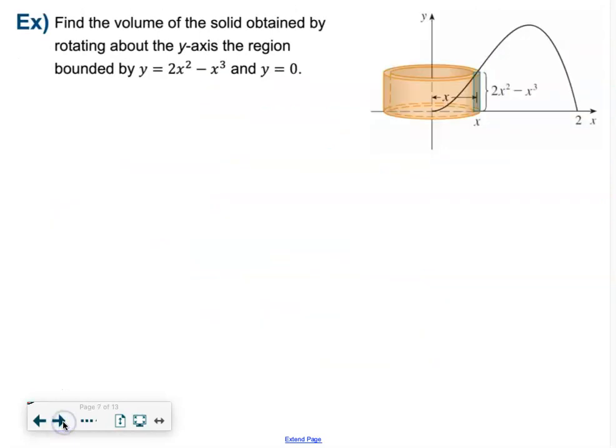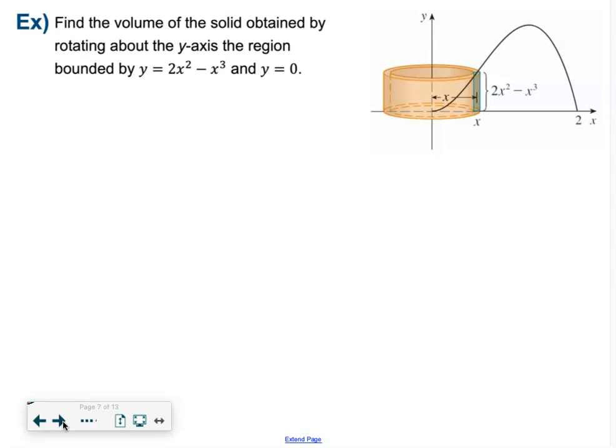Okay. The first one we're going to do is the intro problem. The intro problem was revolving the region bounded by y equals 2x squared minus x cubed and y equals 0 about the y-axis. If we were to do washer, this would be crazy hard.